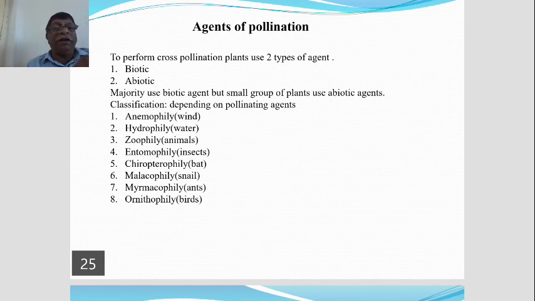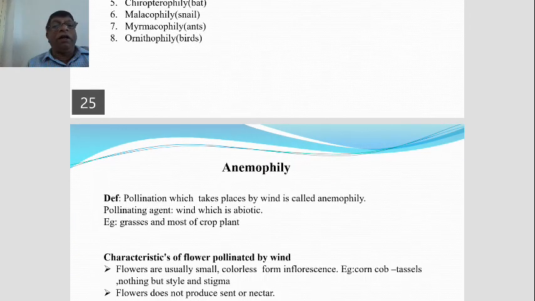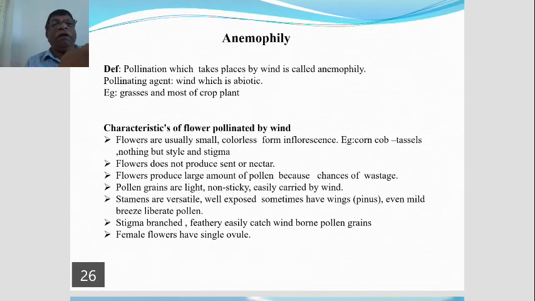Next, a very important part. What is anemophily? Write the characteristic features of anemophilous flowers, for 5 marks.